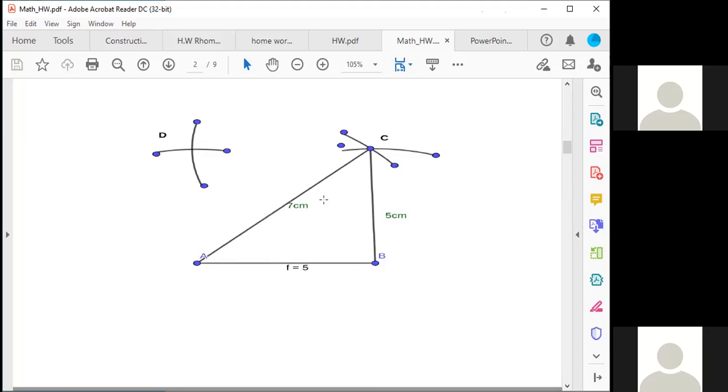Anybody? Construction wise it is fine, but the way the picture has been inserted, something is not good. It's a small thing, but what has happened here? Anybody?